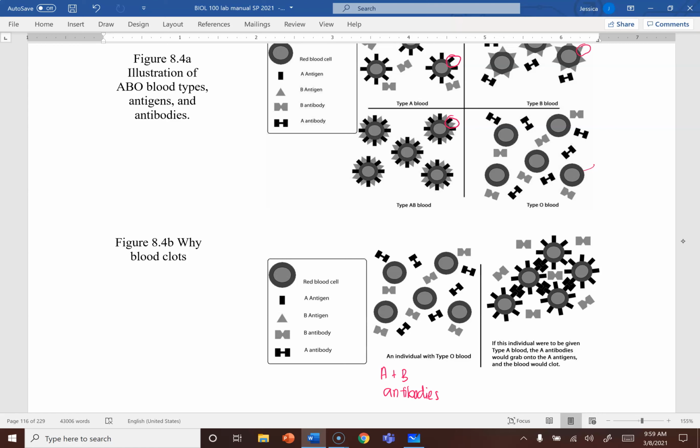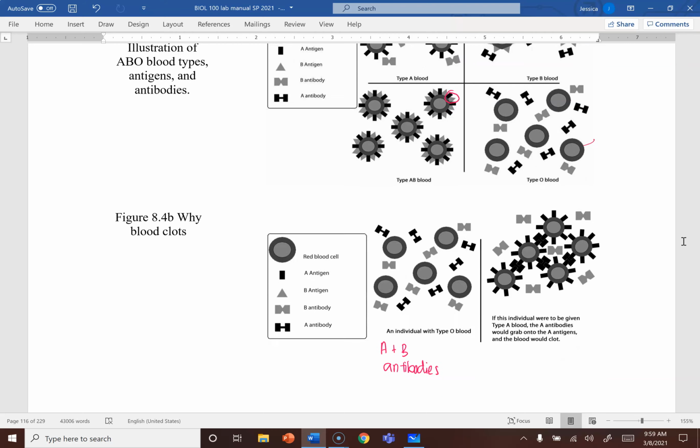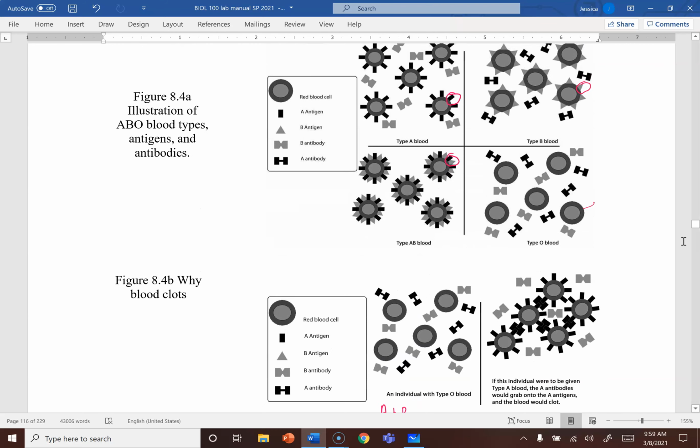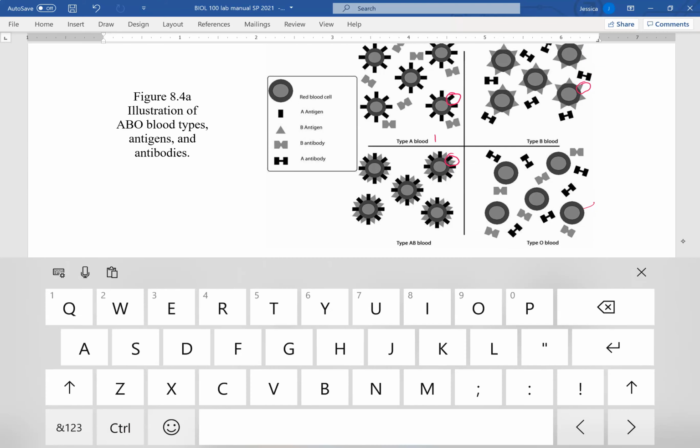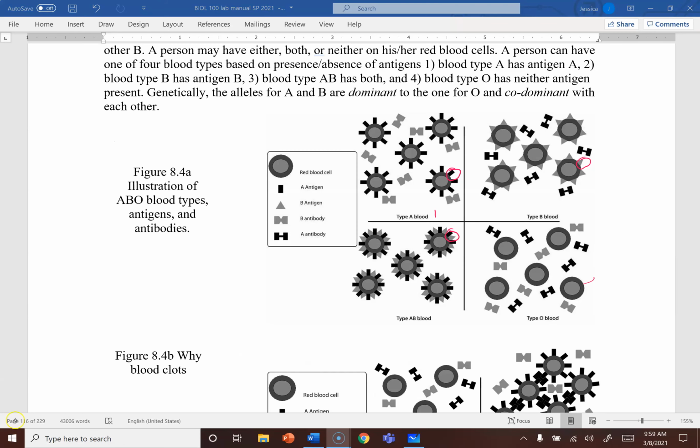An individual who has type A blood is going to produce B antibodies. And if you look here, you can see that these antibodies could recognize these triangular shaped B blood cells. The type B blood is going to produce A antibodies. And you might notice that they would recognize these A antigens.